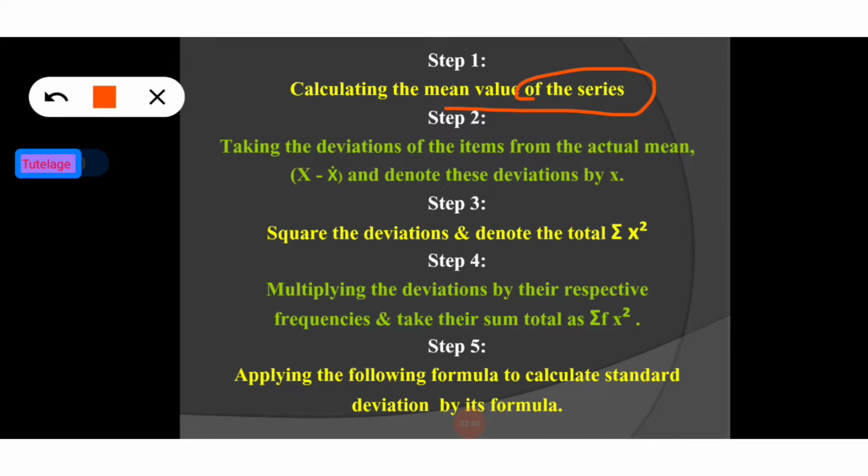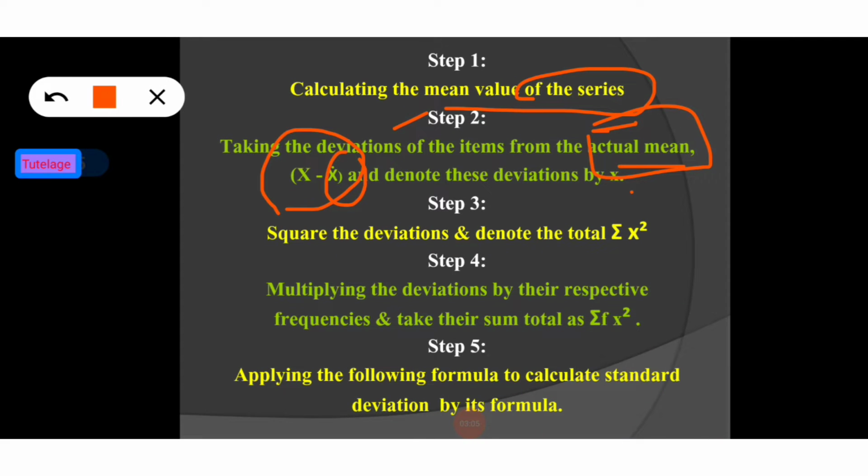So first we are calculating the mean value of the series. Step number 2, we take the deviation of the items from the actual mean, that is x minus x bar, where x bar is the actual mean.